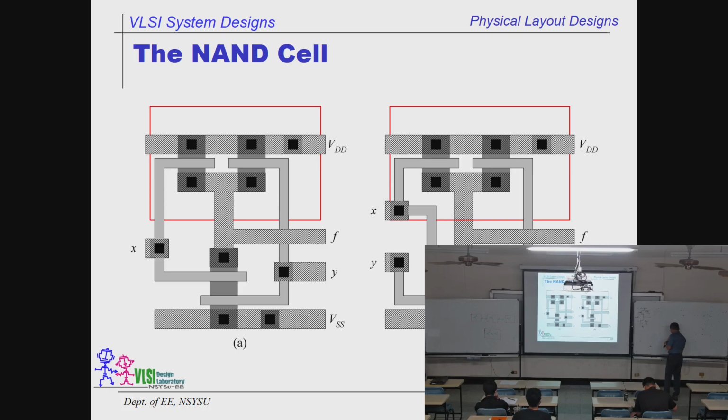Now for the NAND gate, it's going to be this way because, I'm sorry, I gotta use the black marker. We know that NAND has 2 in series, and then we have parallel.